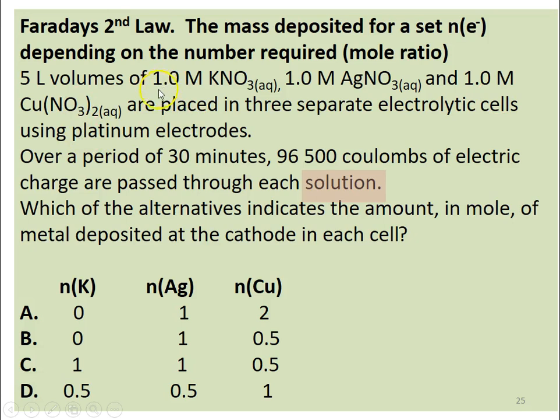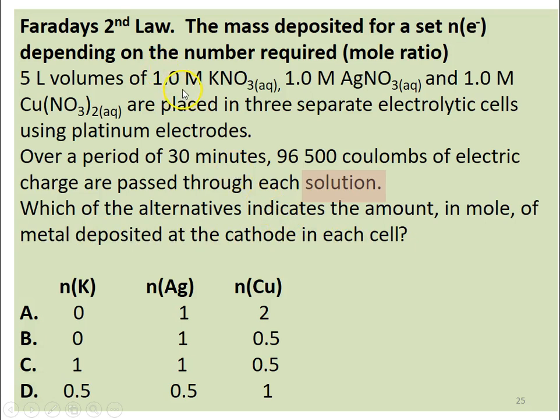So basically the same concentrations, so the same number of mole of potassium, silver and copper are placed in 3 separate cells over a period of 30 minutes. 96,500 coulombs of electric charge are placed through each solution. Which of the 3 alternatives indicate the amount in mole of metal deposited at the cathode in each cell?